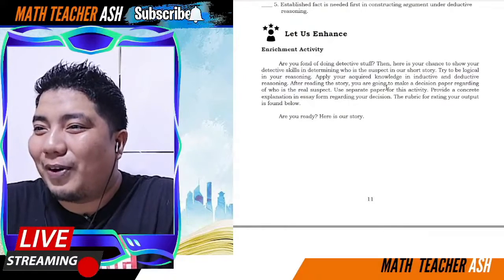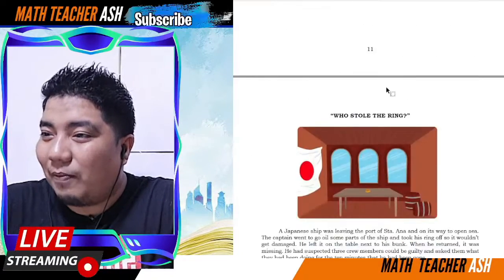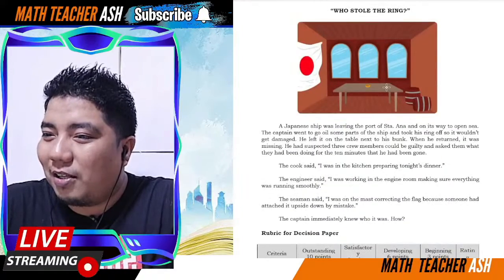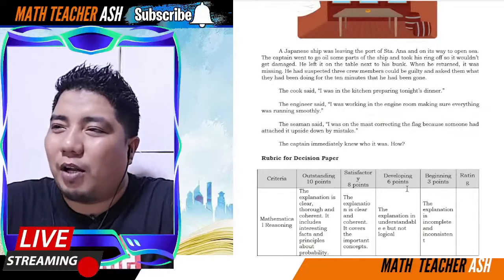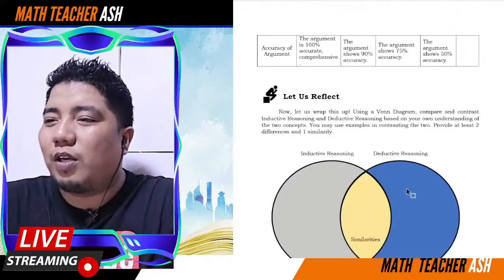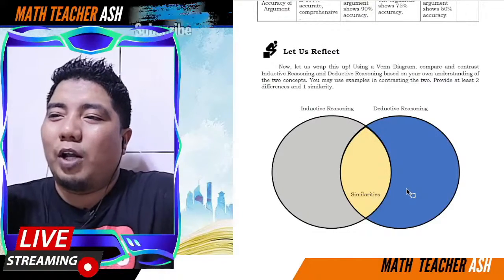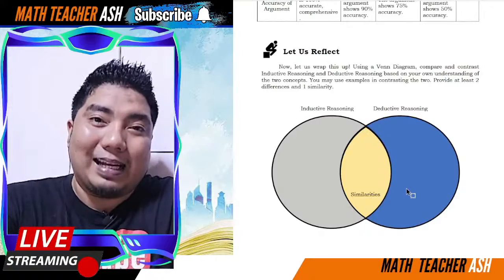Okay, so performance task lang yan siya, my dear math learners. So, therefore, ang gagawin mo lang dito is to follow the activity. Okay, who stole the ring? And then, there is the rubric there. Okay, so isusundin mo lang based on the rubric. Okay, then after that, you give your reflection. So, ano yung inductive reasoning, ano yung deductive reasoning, at ano yung similarities nila.